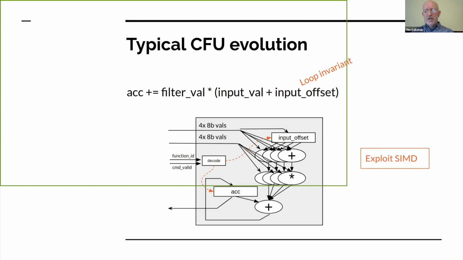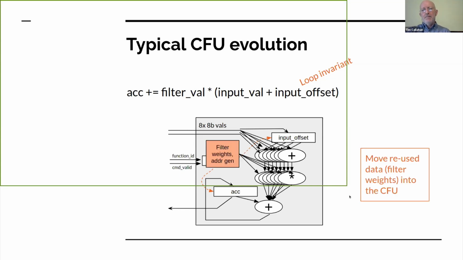The custom function unit can then unpack the values, do these operations in parallel. So this is the stuff FPGAs are really great at. Add the 4 partial sums, add the 4 products into our accumulation every cycle. So boom, we have another 4 times speed up.